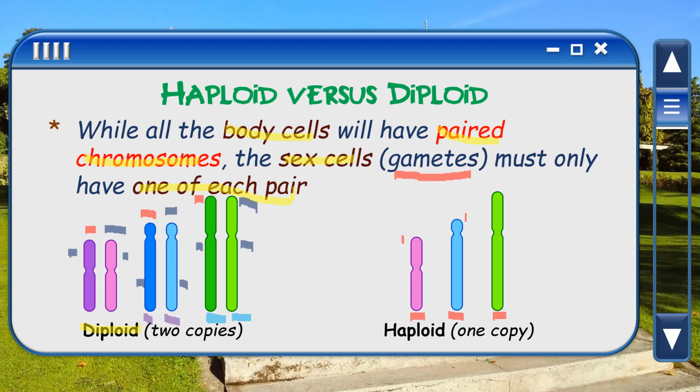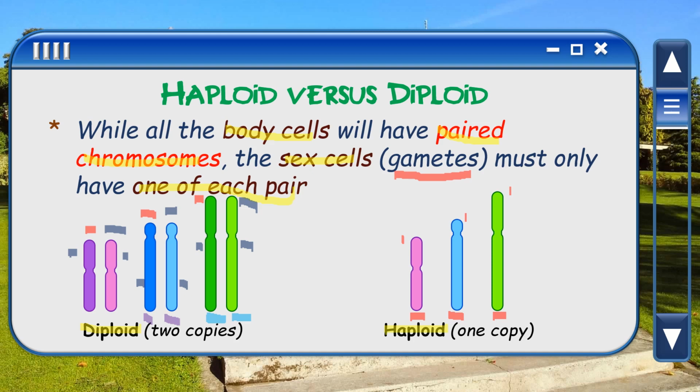This one might have come from the father or the mother. But they should have only one of each pair. That is half the number of chromosomes, and it is what we refer to as haploid. They have only one copy, so we call it haploid because it is half of the diploid.